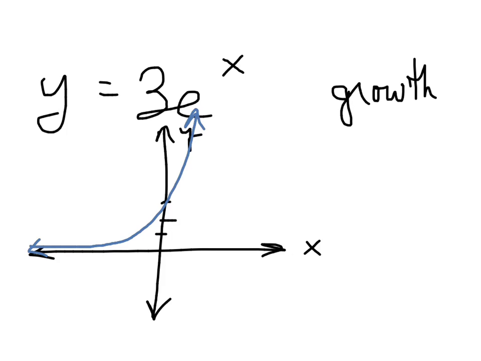Now, if I ever asked you to come up with a couple ordered pairs to graph that more accurately, what could you do? Look at your table, right? What do you think? Do you want, oh, I suppose we better do a decay.